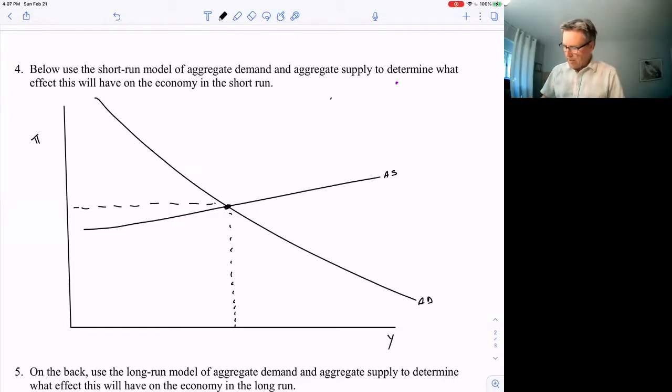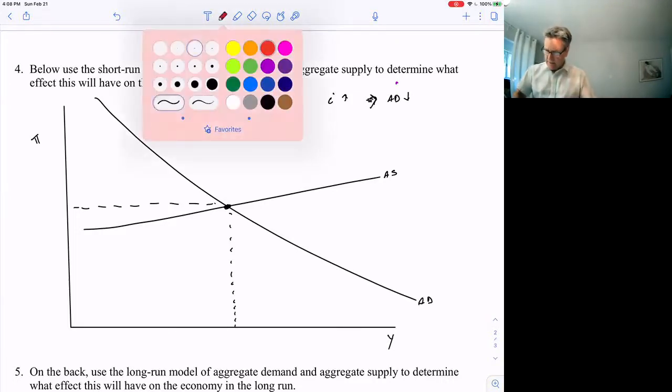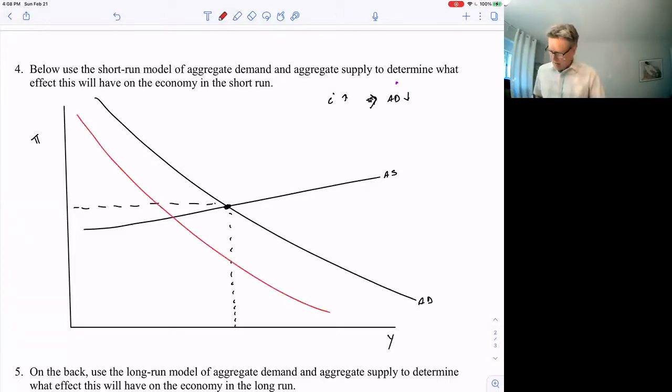Interest rates going up by the Fed slows down the economy and decreases aggregate demand. So this aggregate demand curve then will shift to the left. A decrease in aggregate demand, new equilibrium, and you can see that output in the economy, real GDP, will fall.